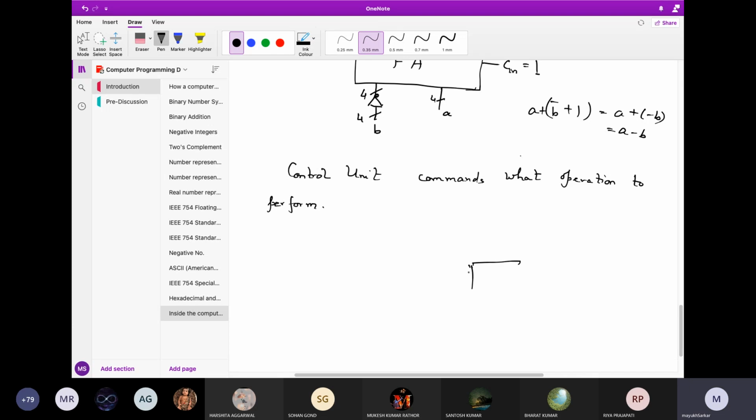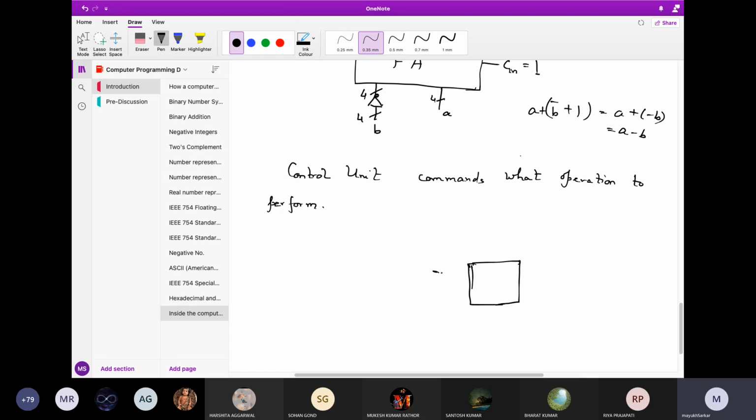If I consider the control unit something like this, the circuit here is a special type of circuit called a sequential circuit. That means it works on a time clock, but I'm not going into the details of this because you'll understand sequential circuits when you study digital circuits.